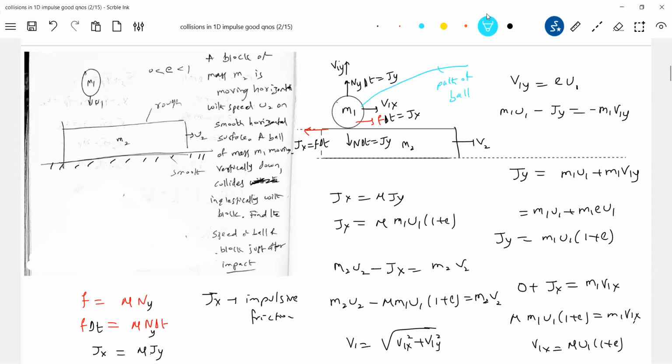Sir, what about the weight? See, here the N will be of order 10 to the power of 6, 10 to the power of 8, 10 to the power of 9. What about the weight? The weight of the ball is something of the order of a few newtons. So definitely the change in momentum by the normal contact will be very much greater than that by the weight. That's why we just neglect it.